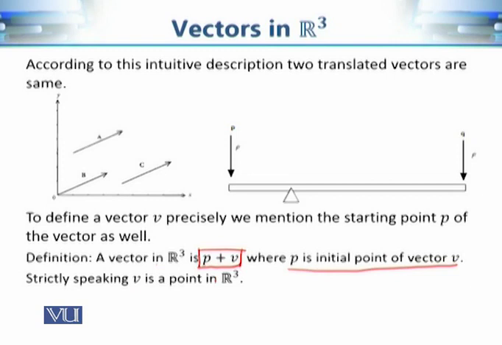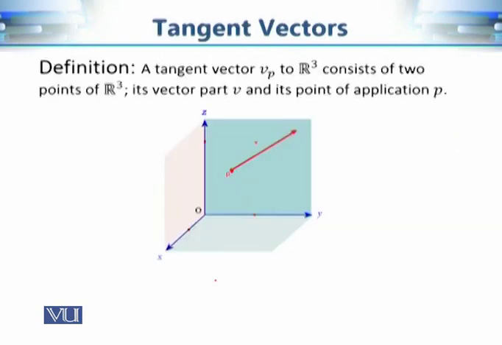Now let's try to understand this definition. A tangent vector Vp to R3 consists of two points of R3, its vector part V and its point of application. Every vector in R3 is known as a tangent vector. So what does this definition mean? Let's say we have this vector v.